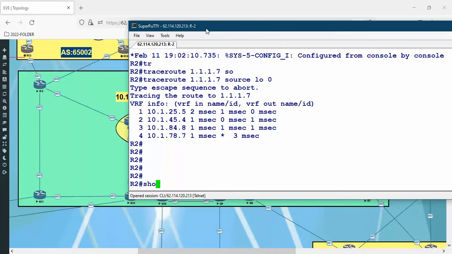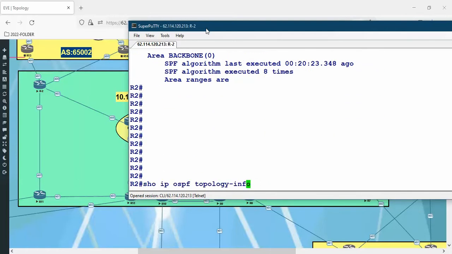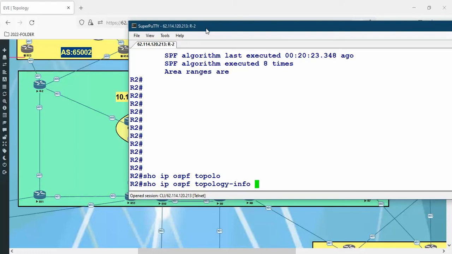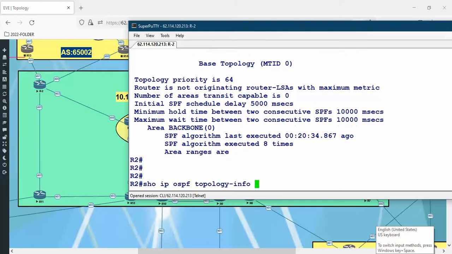Okay, show ip ospf topology. Show ip ospf. Okay, this is regarding router 2. It's not topology. Show ip ospf database.